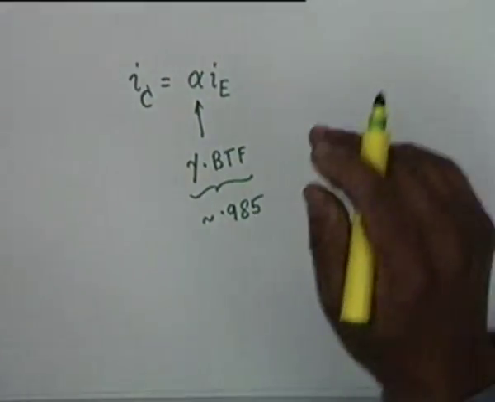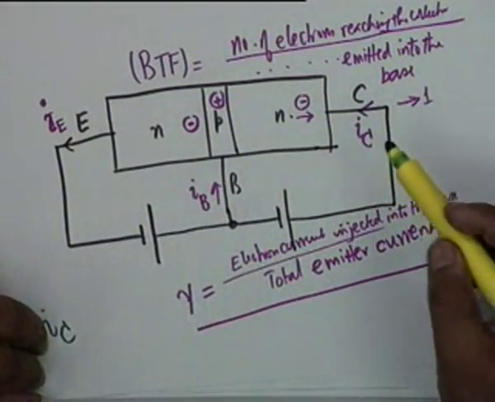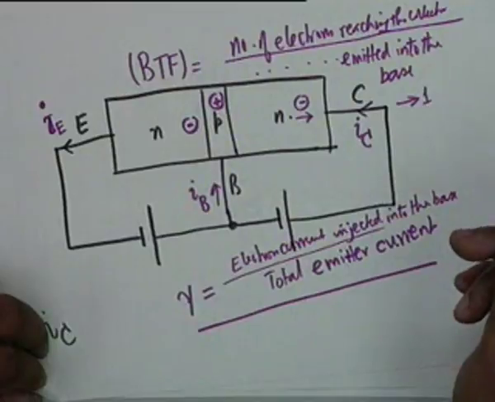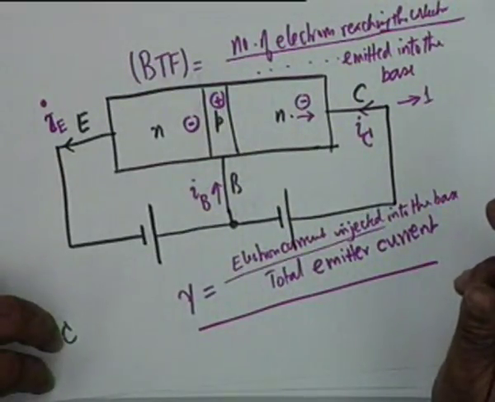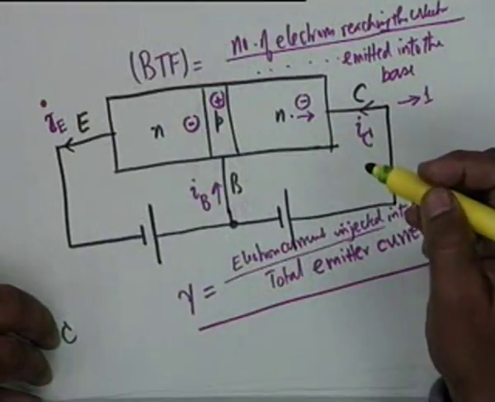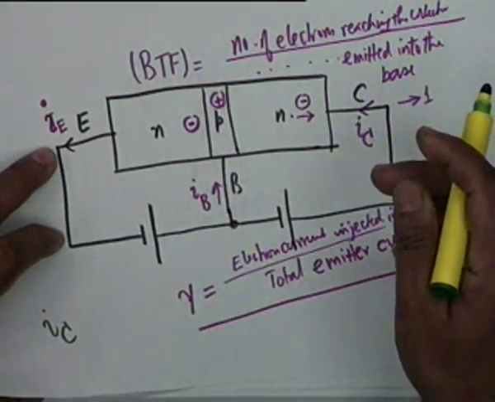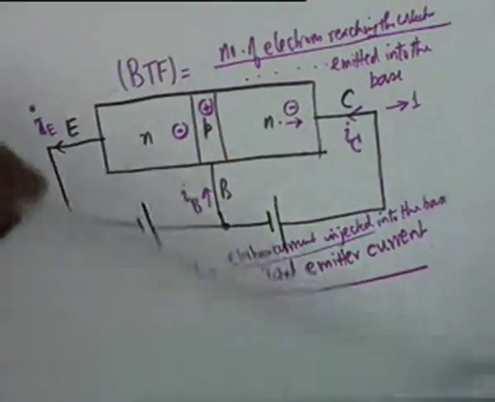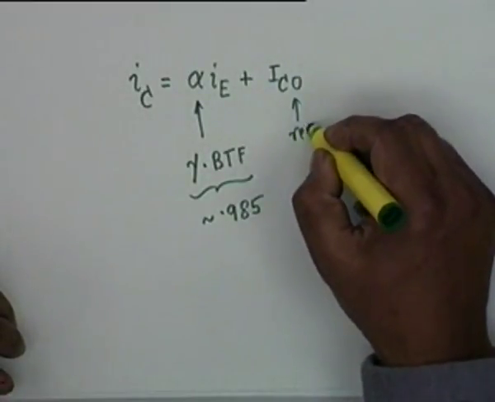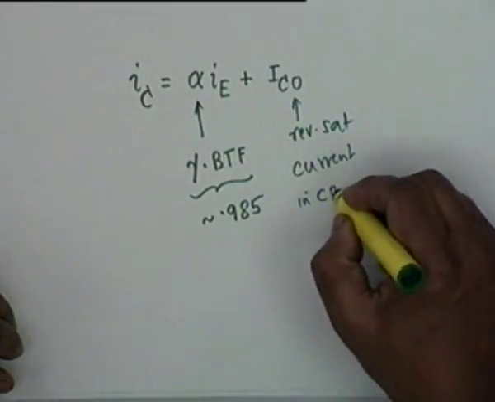All right. Now the question is, is this the only current that flows into the collector? Now you must realize that a collector base junction is a reverse biased junction, and in a reverse biased junction there is a current called the reverse saturation current, and therefore the total collector current shall consist of not only the current due to the electrons emitted from the emitter, but also the reverse saturation current, which we indicate by I sub CO. This is the reverse saturation current in the reverse biased collector base junction.